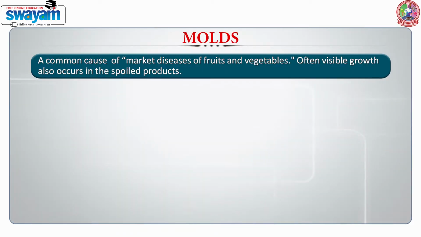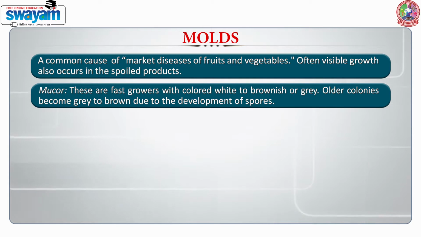Most of the fungi are seen as visible growth on the spoiled product. Among these, Mucor is the most common, and this organism is a fast growing organism which will show white to brown or grey coloration. The older colonies of this fungus become grey to brown due to development of the spores.